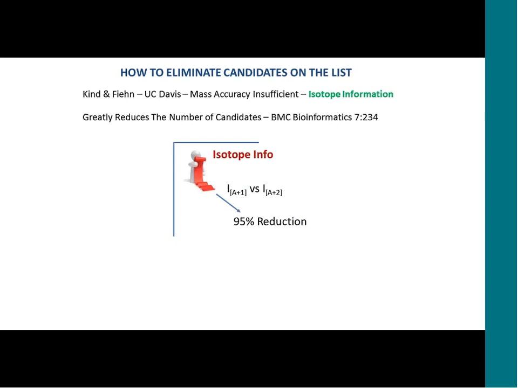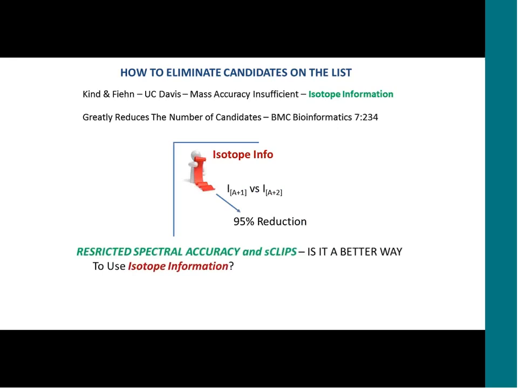But it's still a list. It's not a singular answer. So the question that I propose, using restricted spectral accuracy and the SCLIPS subprogram found in the MassWorks suite, is this a better way to use isotope information and get to a singular answer for a truly unknown unknown?